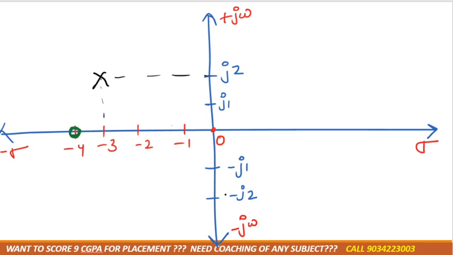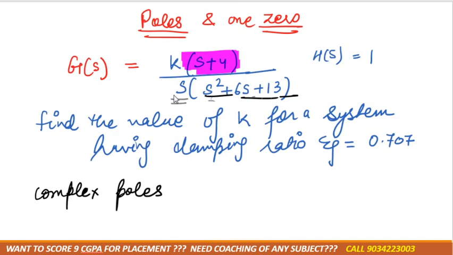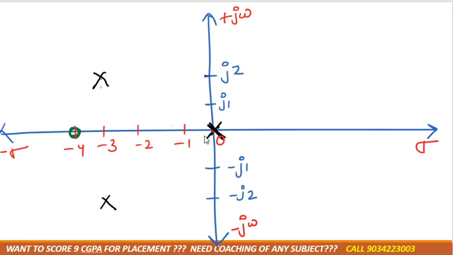Similarly, minus 3 and minus j2 will be here, so we'll mark a cross here. Cross means poles. As I told you, poles are denoted by a cross, and a zero is represented by a circle. One more pole is also there: s is equal to 0, so this is another pole. So in this case we obtain 3 poles and 1 zero. Understood?